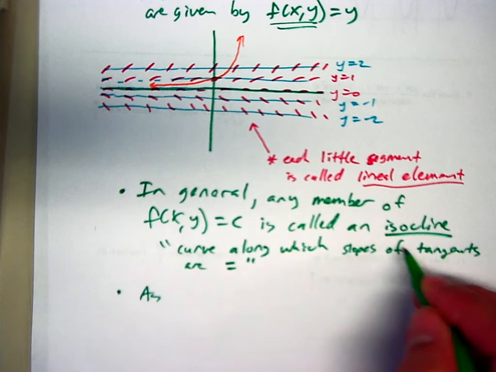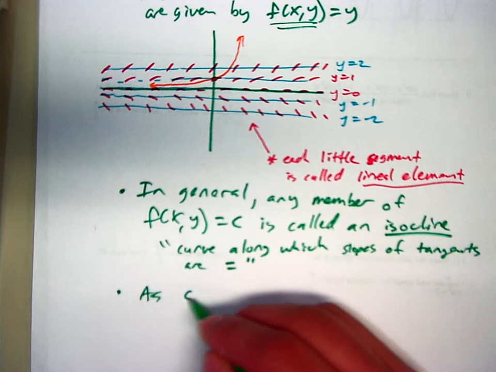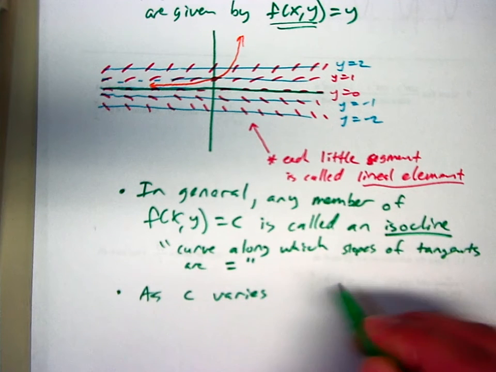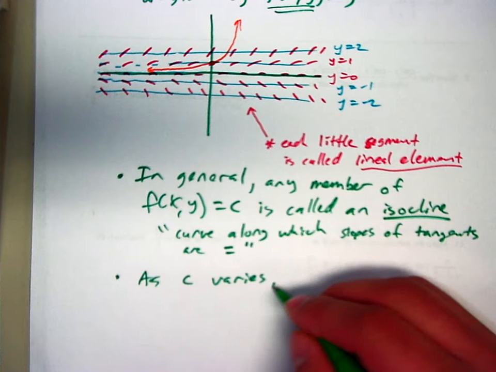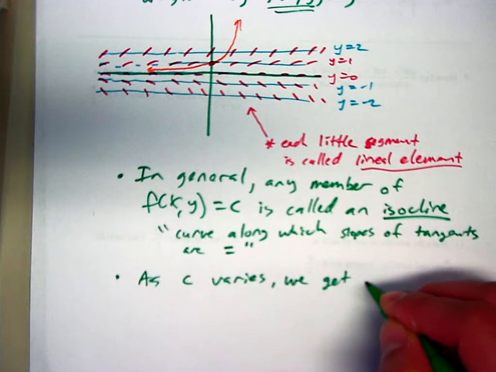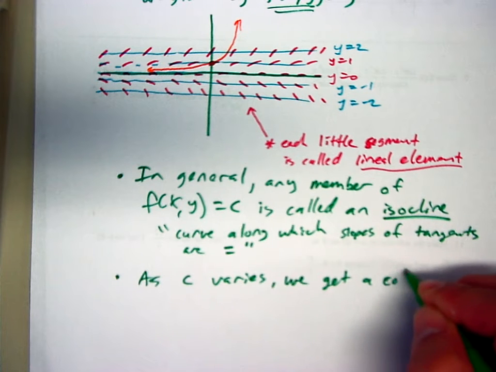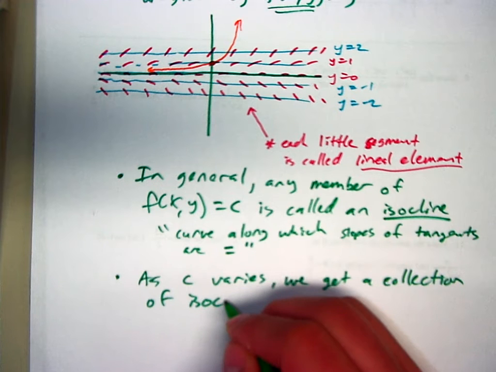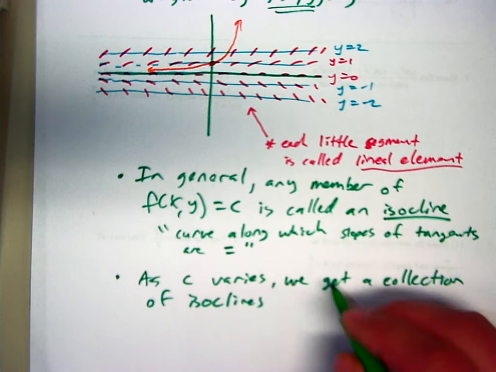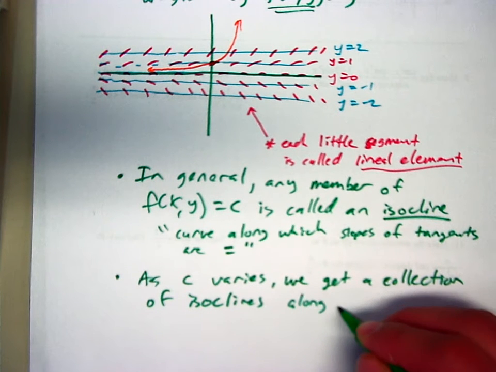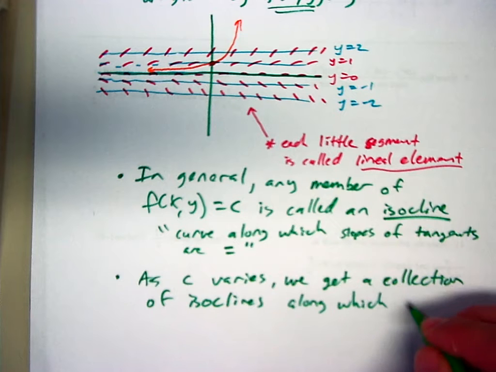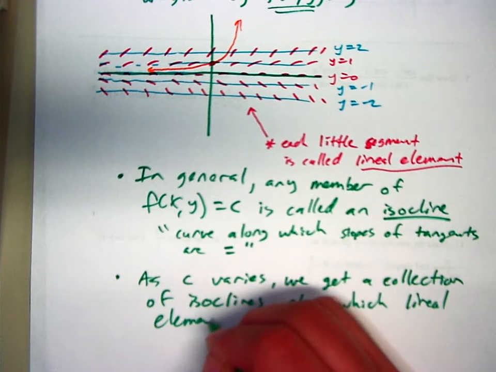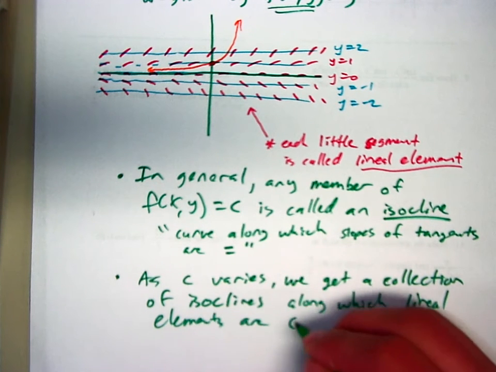As c varies, as we vary this constant up here, we get a collection of isoclines along which lineal elements are constructed.